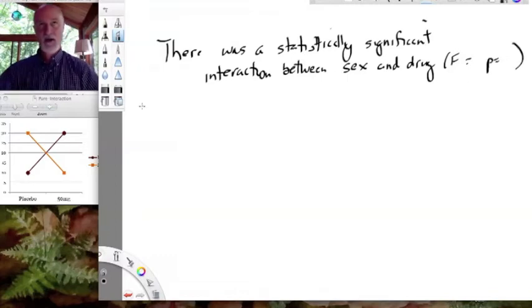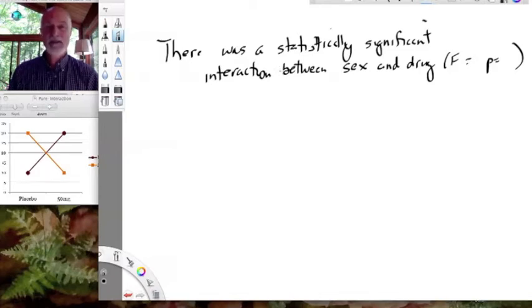So I've taught you already, we don't put the F and the P value in our sentence. And I've taught you some principles that I hope would make you not want to write it this way, actually. So there was a statistically significant interaction between sex and drug.